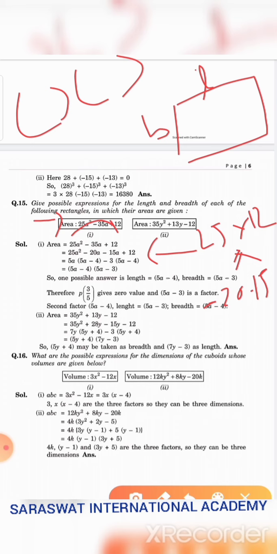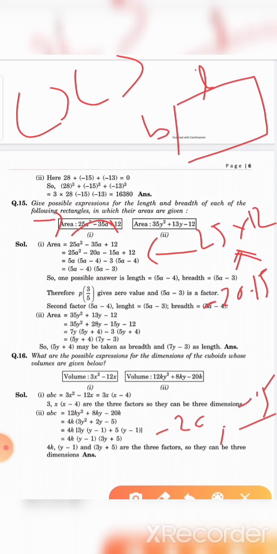So splitting 35 into two numbers, minus 20 and minus 15. Substituting these values we get 25a square minus 20a minus 15a plus 12.